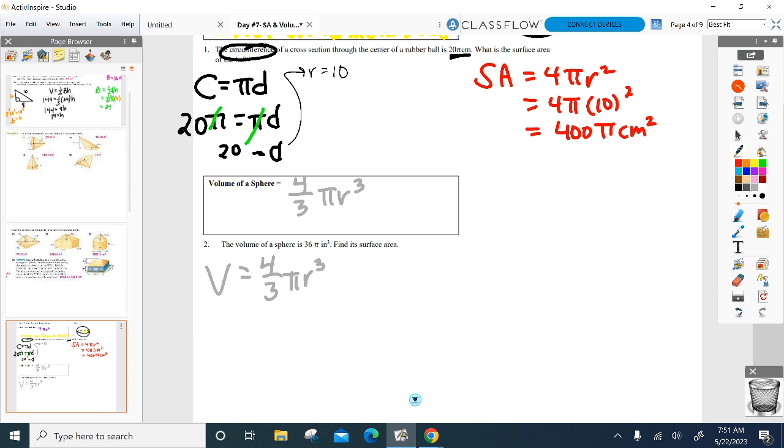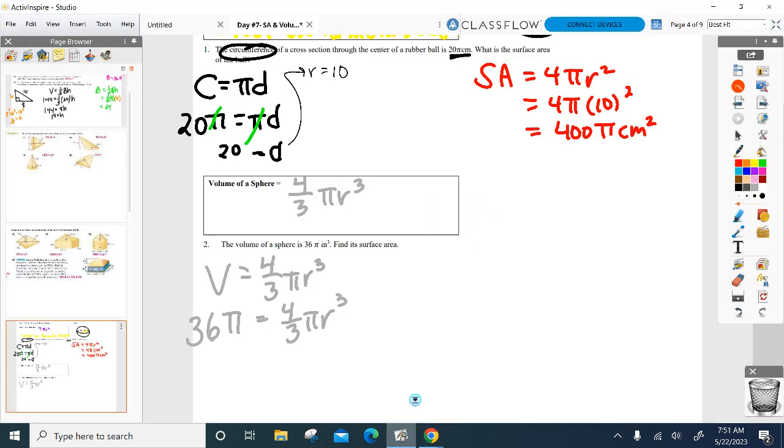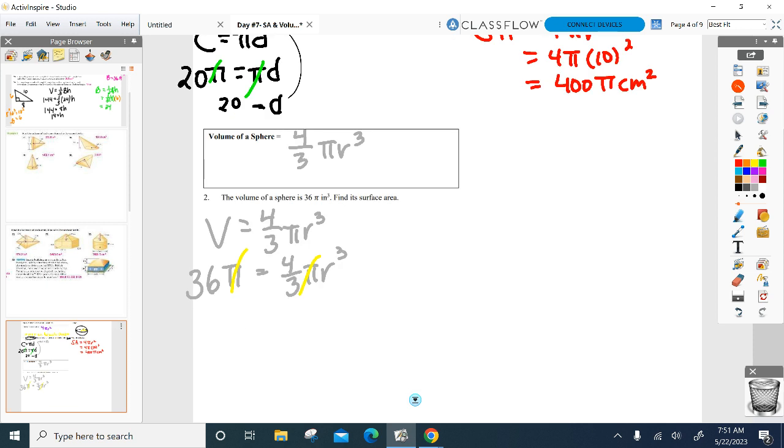We're plugging that in for V. 36 pi equals 4/3 pi r cubed. If you know r, you know surface area and volume. All right, what do we see on both sides? What can I get rid of right away? Pi, gone. 36 equals 4/3 r cubed.